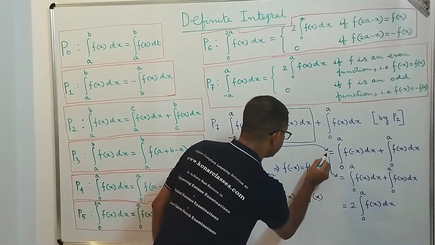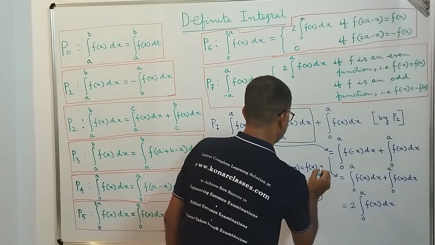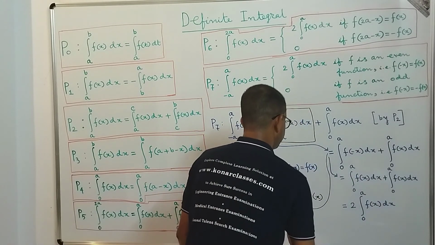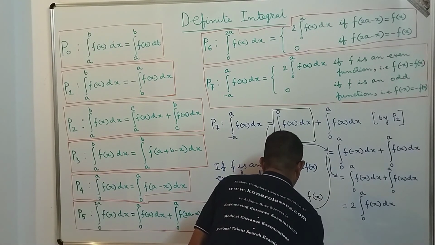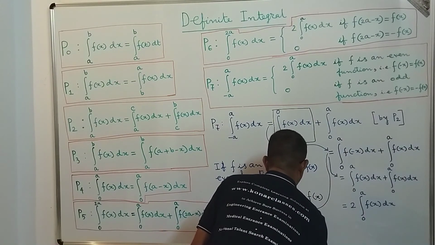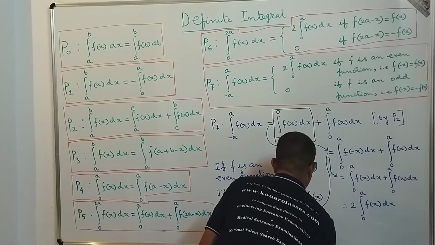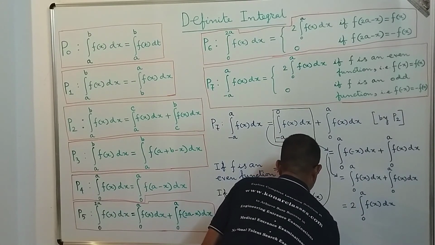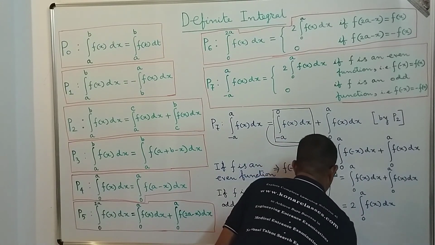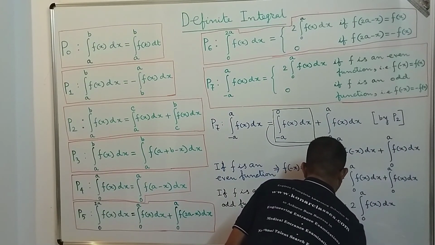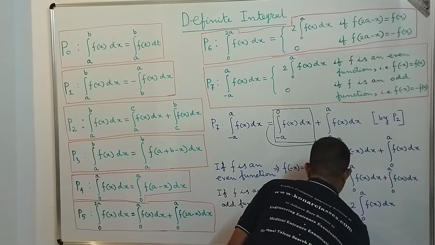So from here what are we going to get? This is equal to minus of integration 0 to a fx dx, plus integration 0 to a fx dx.